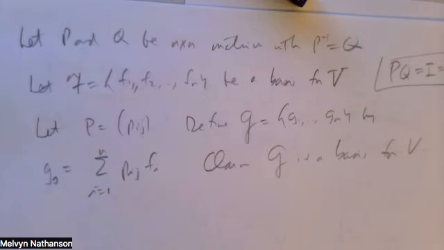So let's see, how can we do this? It's enough to show that Fi is a linear combination of the G's. So how can I use the matrix to do that?